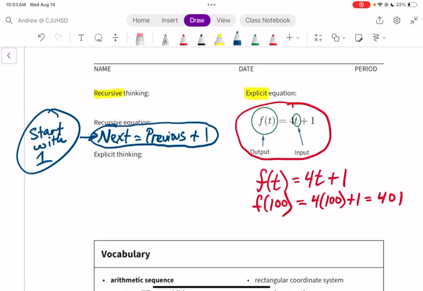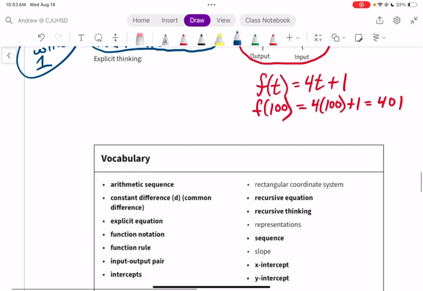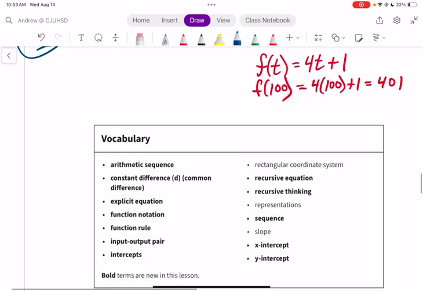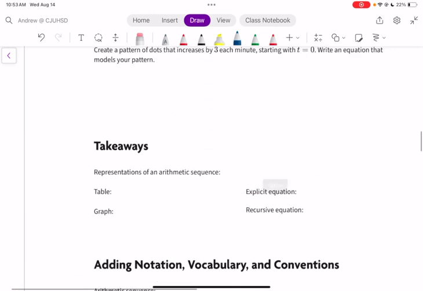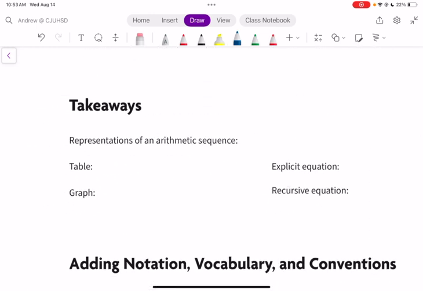So you notice there's a lot of vocabulary in here today. Let's go through some of this. Under our takeaways, we had ways to represent what's called an arithmetic sequence. What is an arithmetic sequence?